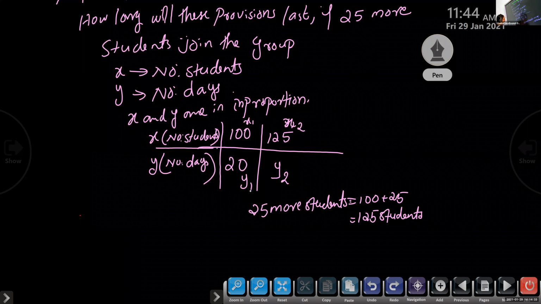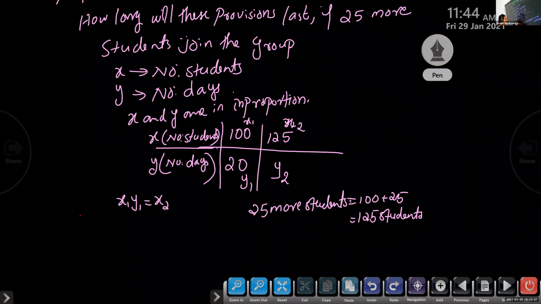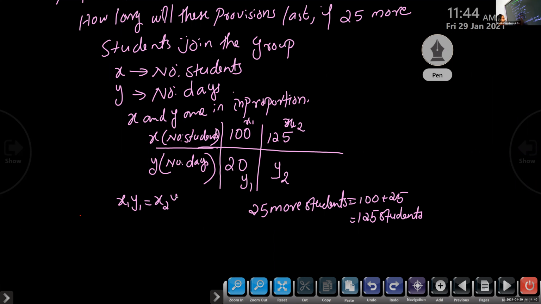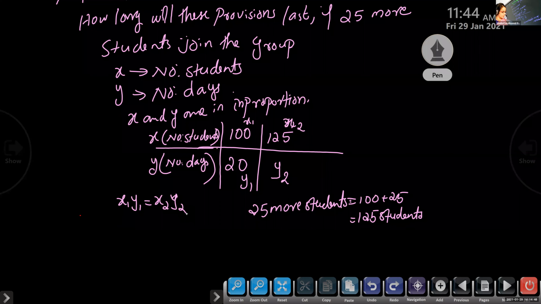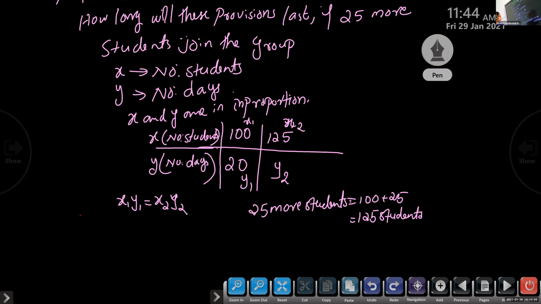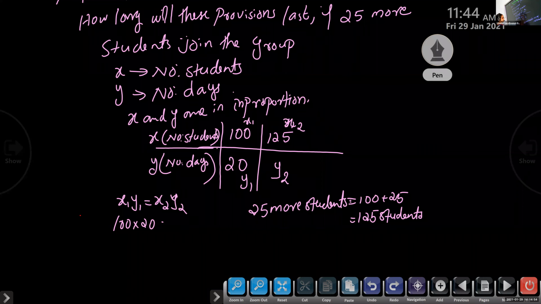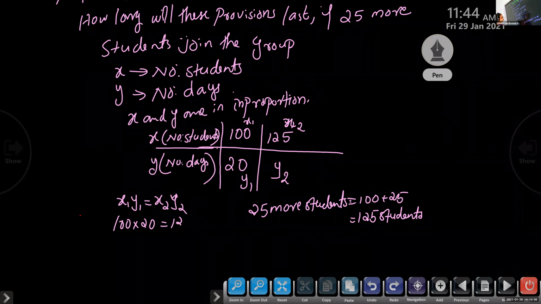So write X1, Y1 equal to X2, Y2, because X and Y are inversely proportional. Substitute 100 into 20 equal to 125 into Y2.